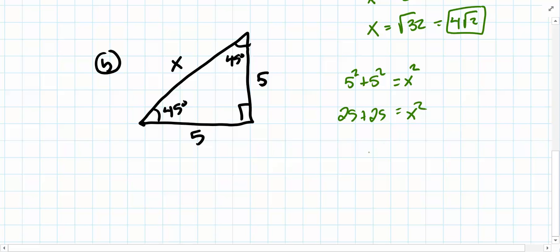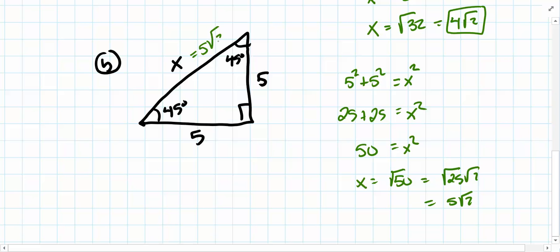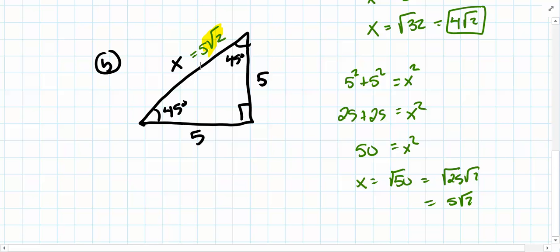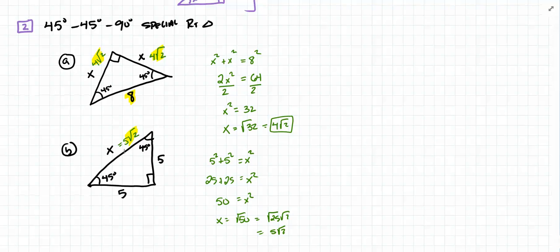Therefore, 50 must be x squared. So what am I going to do? Take the square root. x is the square root of 50, which is equal to what? Square root of 25, square root of 2. So what do we get? 5 rad 2. So this is a value of 5 rad 2. Okay, so now, taking a look at both of these triangles, what do you notice about them in a 45, 45, 90? What do you notice?